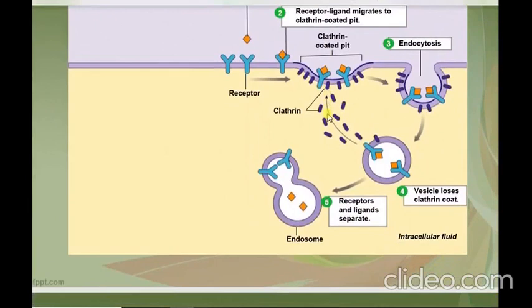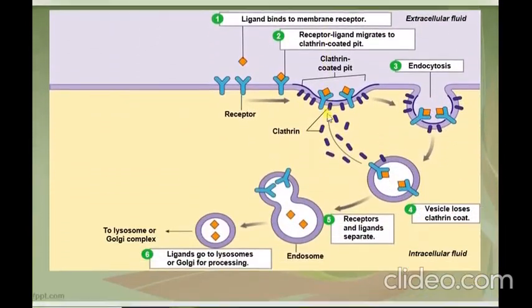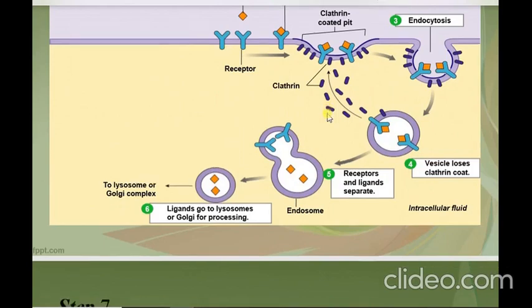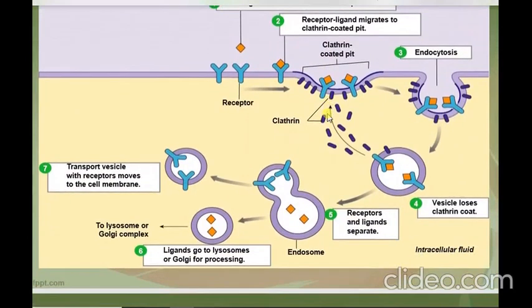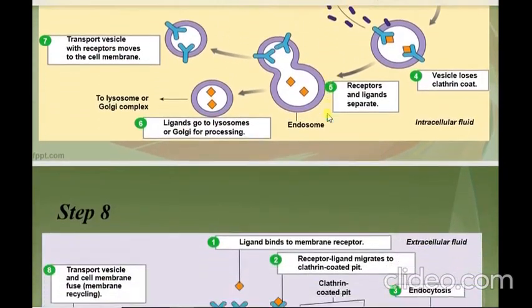In step 5, what happens? Receptors and ligands separate. In the 6th step, after the formation of the endosome, ligands go to lysosomes or Golgi bodies for processing. In the next step, the transport vesicle with the receptor moves to the cell membrane. This receptor, which has also been embedded in the vesicle, moves to the cell membrane, leaving the ligand and the drug in the vesicle.